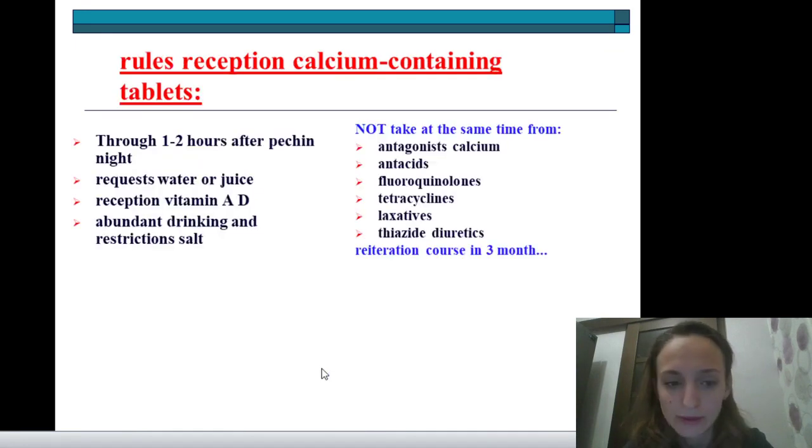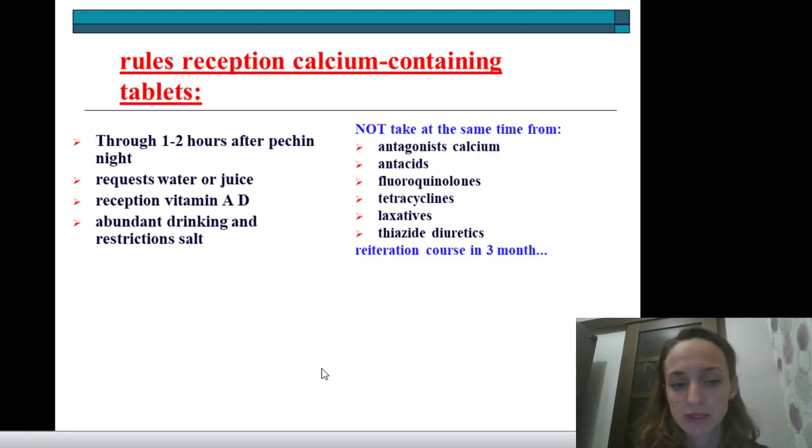So when you can prescribe this supplement, you don't prescribe this supplement for a child because you should do a joint consultation with a pediatrician, please remember. And some rules: reception of calcium-containing tablets is 1-2 hours after a meal, with water or juice.